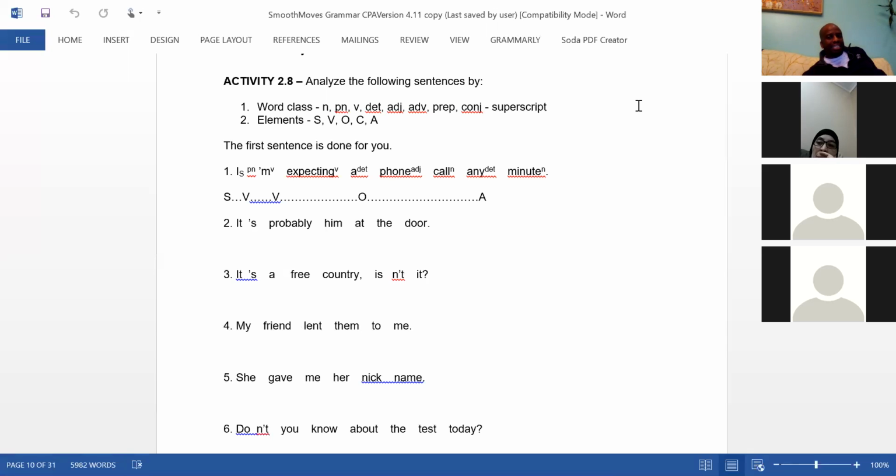When a sentence that they wrote, not Macmillan, not Cambridge, a sentence that they wrote has meaning, is a complete thought, versus a sentence that they wrote that does not have meaning, or is not a complete thought, or is not coherent.